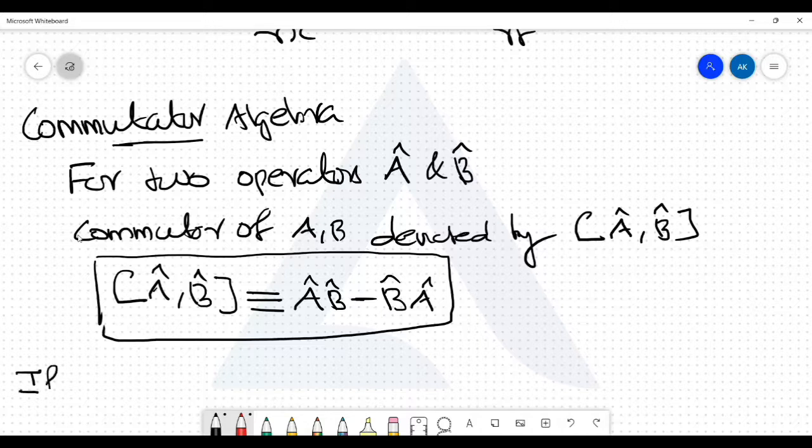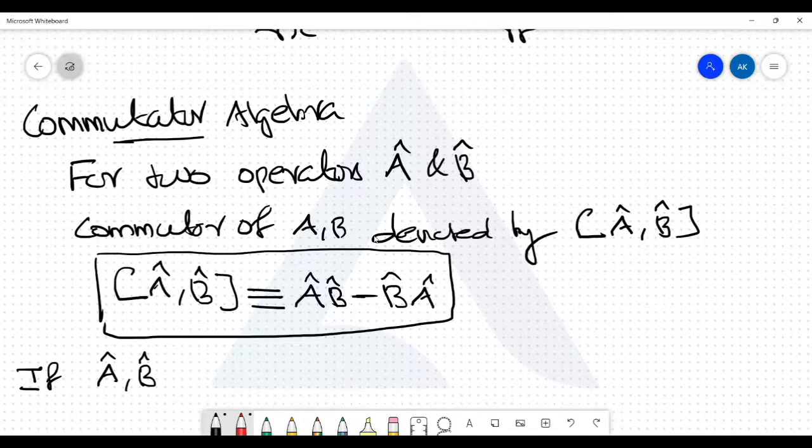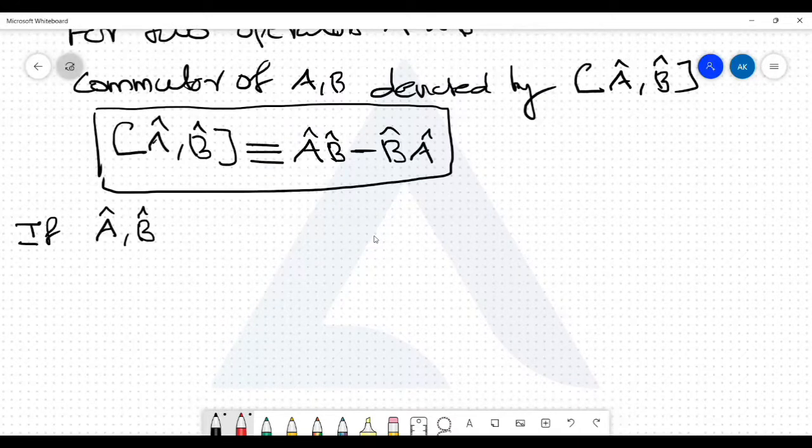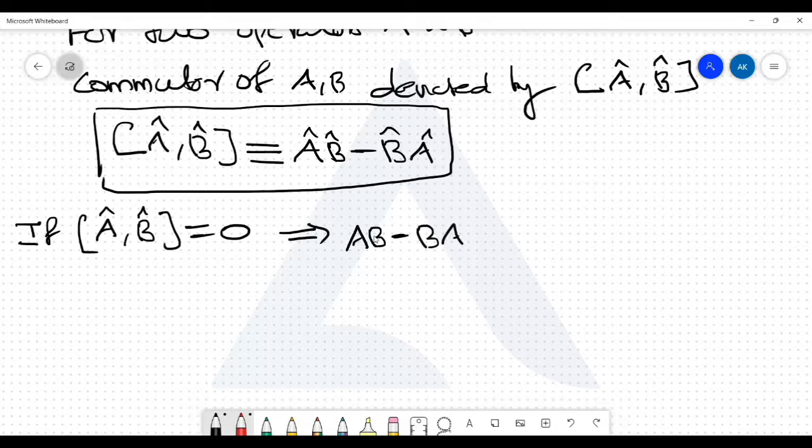Suppose A commutes with B. Then the commutator [A,B] equals 0, which implies AB minus BA equals 0. All are operators, so try to put the cap always.